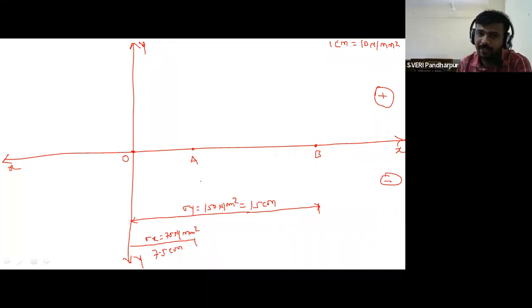So point A is represented, point B is represented. Getting? Don't take the center of AB because shear stress is there, correct? From point A and B we first have to draw the shear stress.